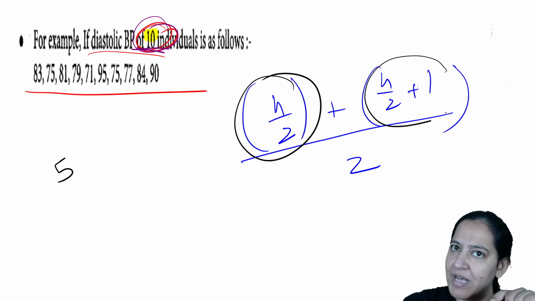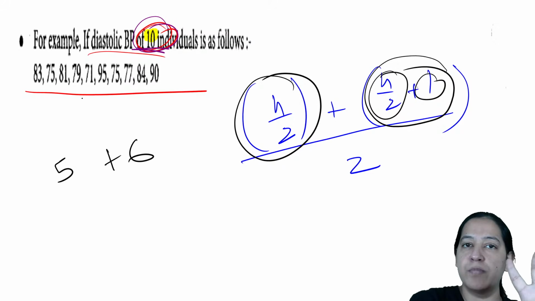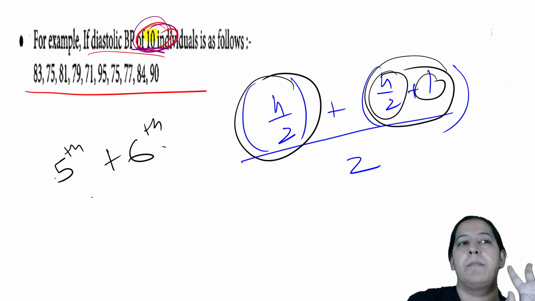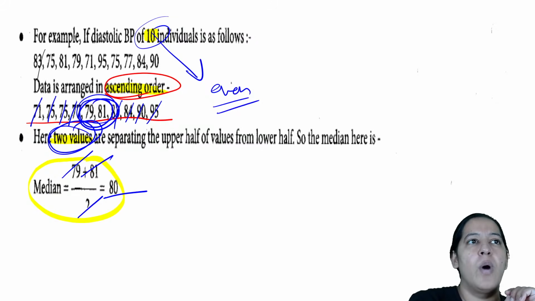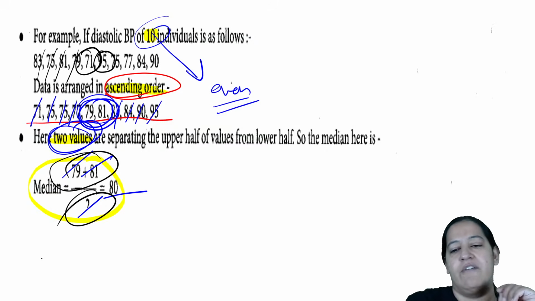Then do 10 by 2 plus 1, that is 5 plus 1, which is 6. So the fifth observation and the sixth observation. Don't do 5 plus 6. Take the average of the fifth and sixth observation upon 2. Arrange them in ascending or descending order, 1, 2, 3, 4, fifth observation and sixth observation. I will do the average of those. Give me a thumbs up.